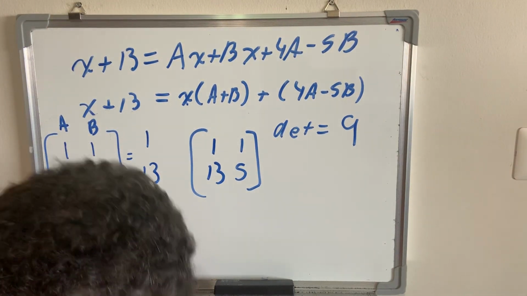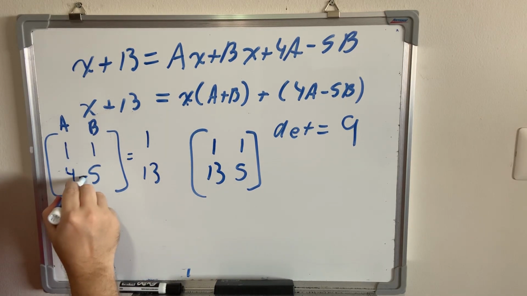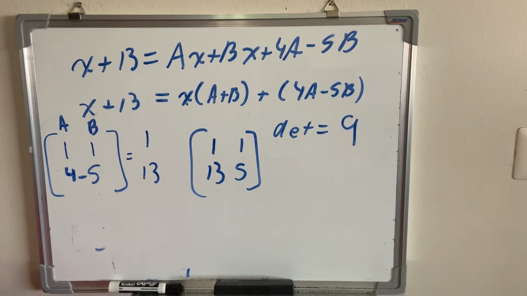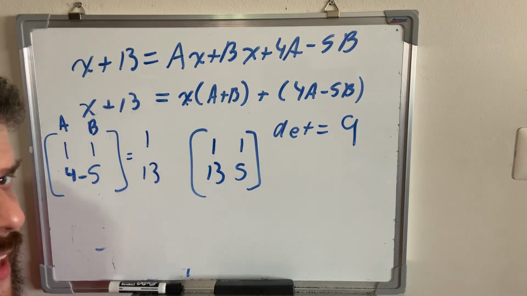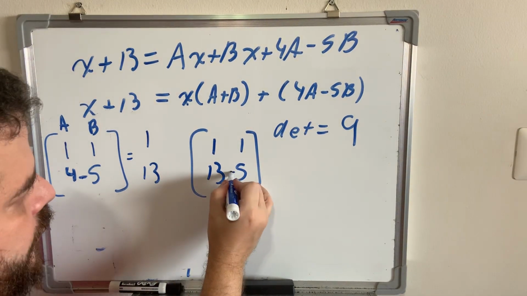And this is -5, but I put it backwards. It was like this. Sorry. That's how it's supposed to be. -5 and +4. -5 here.